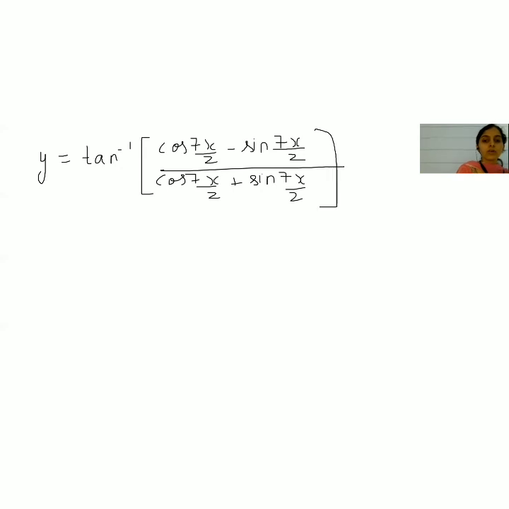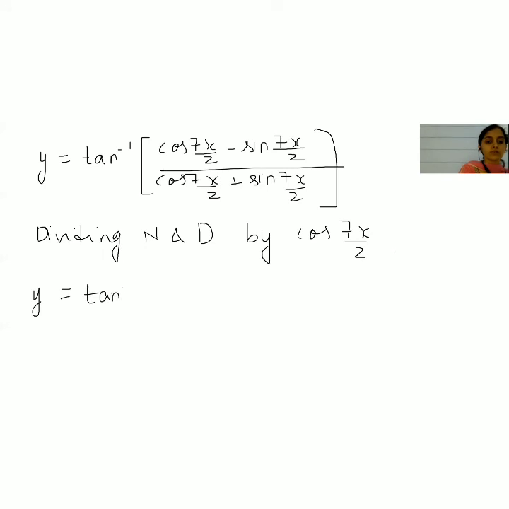Okay. Now, dividing numerator and denominator by cos of 7x by 2, when I do that, we'll get y equal to tan inverse of bracket 1 minus tan 7x by 2 divided by 1 plus tan 7x by 2, right?